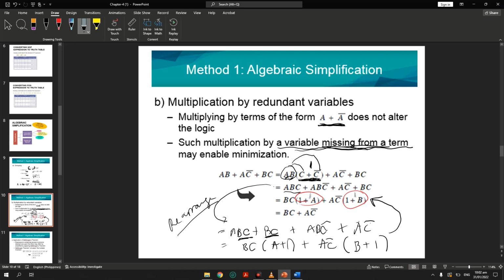Therefore, BC times 1 is just equal to BC, and AC complement times 1 is AC complement. So that's how we simplify using multiplication of redundant variables. And again, let me emphasize that in multiplication of redundant variables, you multiply a variable that is missing from the term in order to enable the minimization.